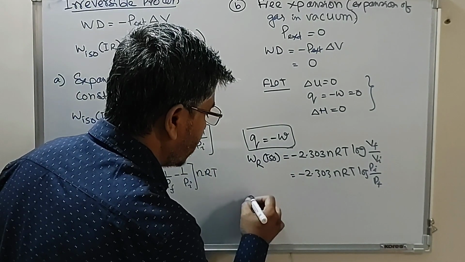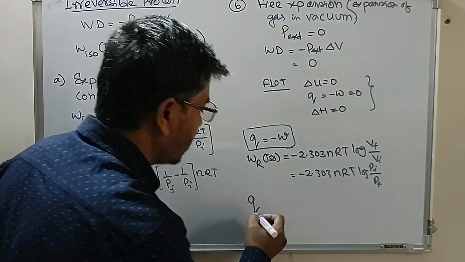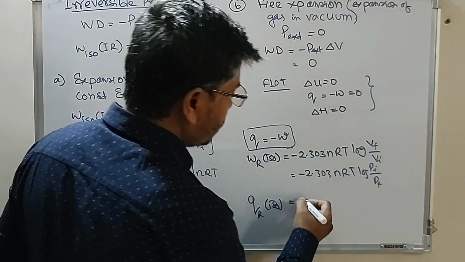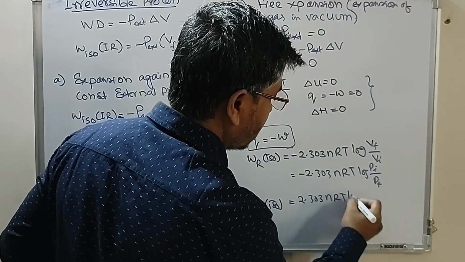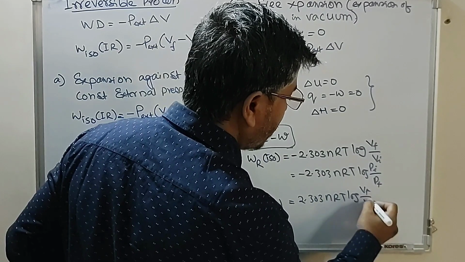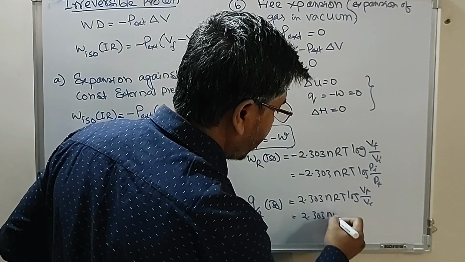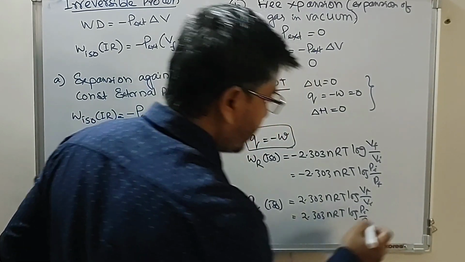So the expression of Q, the heat involved during the reversible isothermal process, will be equal to 2.303 nRT log Vf upon Vi, or 2.303 nRT log Pi by Pf.